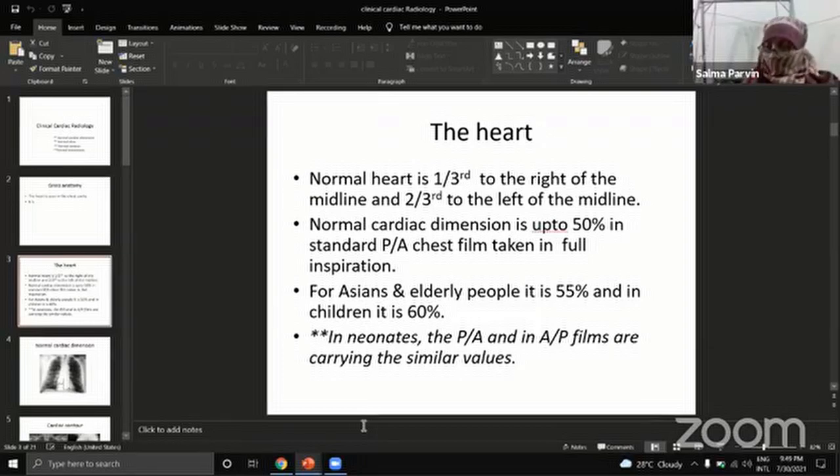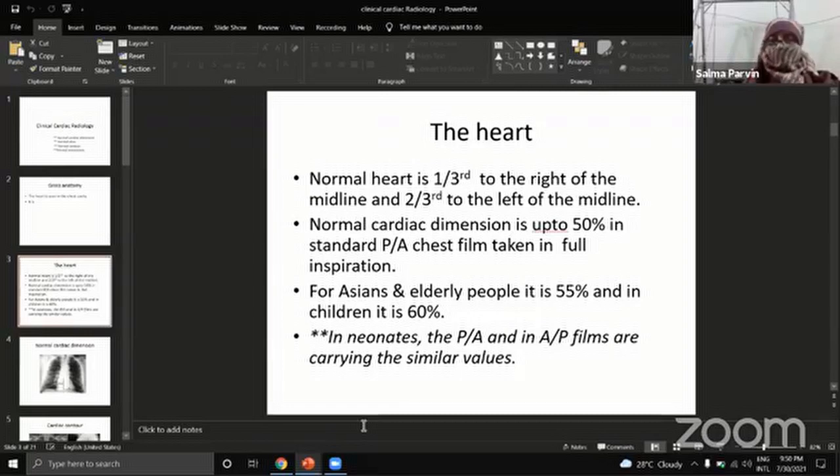So the poor inspiratory films are really embarrassing for us in declaring a patient to be normal or abnormal. So the first thing, you make sure that the X-ray is taken in a standard full inspiration.